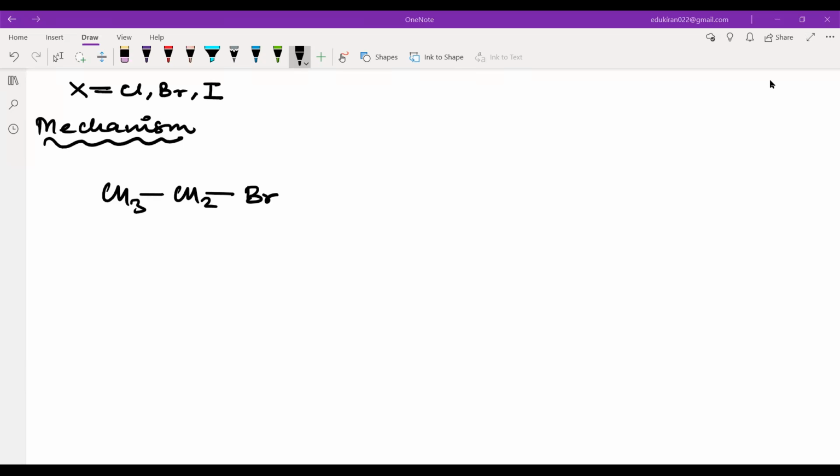Right, so mechanism. Now we have some entities. How you have to think about the mechanism, and you have alcoholic KOH. You don't know anything about this molecule.